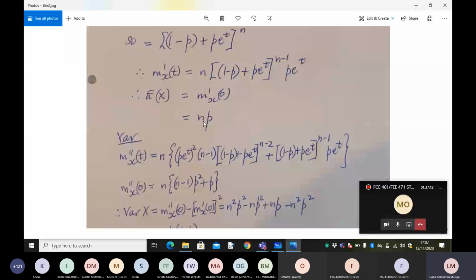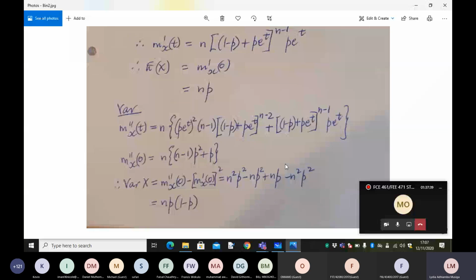And then to get the variance, remember from the moment generating function, we need to get m prime prime x of t. We already have m prime x of t in the second line. And then under variance, m prime prime x of t gives us the long function on the right.